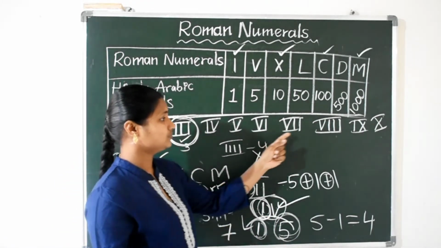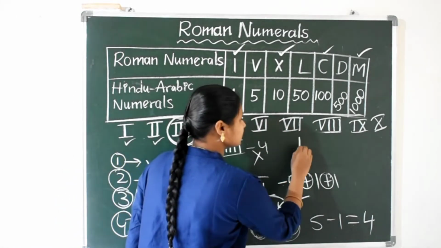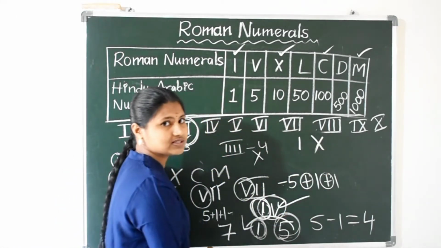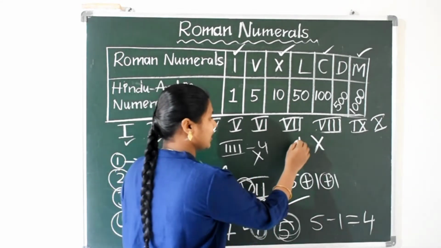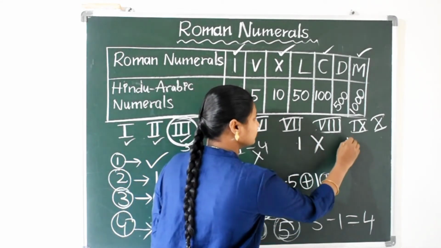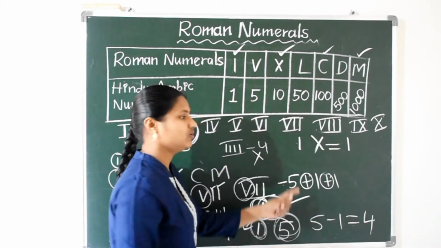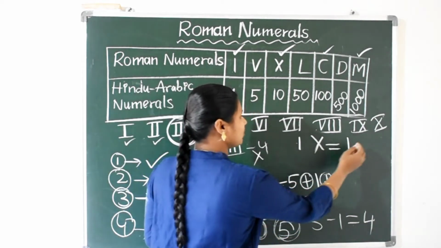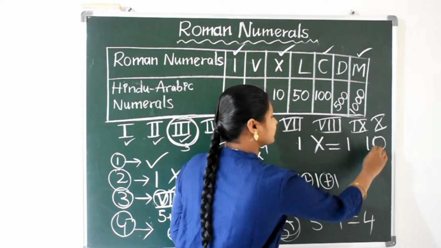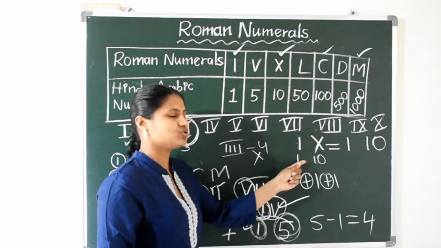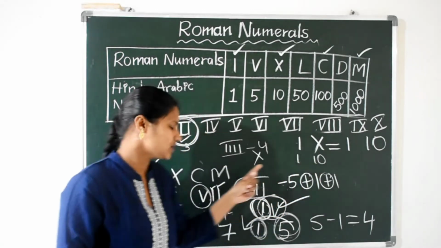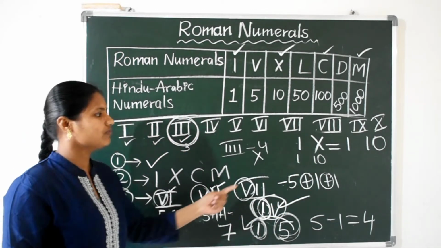And see here, IX is also the same. If you observe IX, we can't remember this easily, right? I means 1. X means 10. Here the first smaller number is there, next the bigger number is there. What is rule number 4?